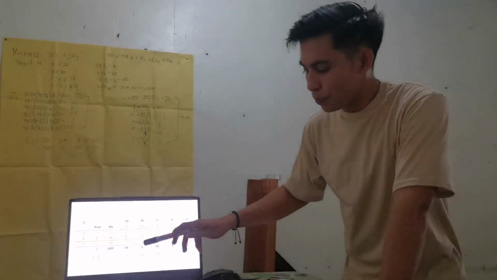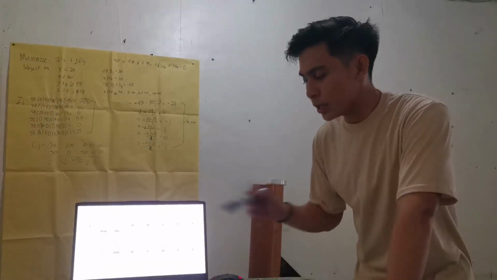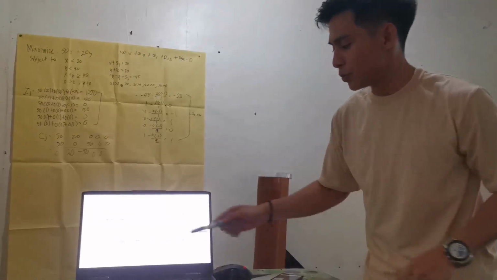Then it has changed, right? After that, when we change one row, we need to change the other rows, right? So let's see. This one doesn't need to change because it is 0. And this one, the S sub 3 again, because it is not 0 yet. It's negative 1, so we need to change that.